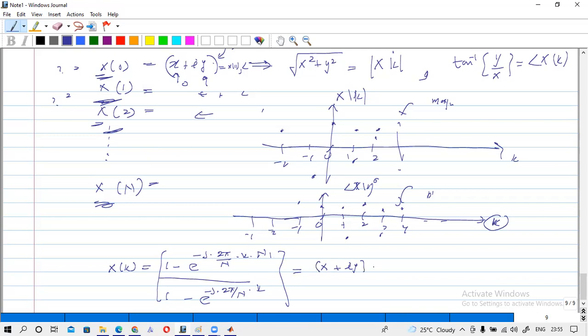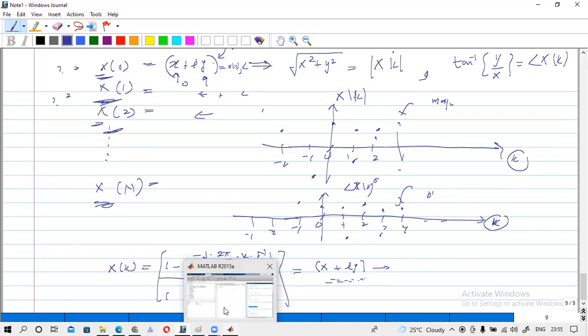Then you can calculate the magnitude related with the k values, and you will have corresponding magnitudes and corresponding phase. So you can plot them against the k value, and easily plot the magnitude and phase.